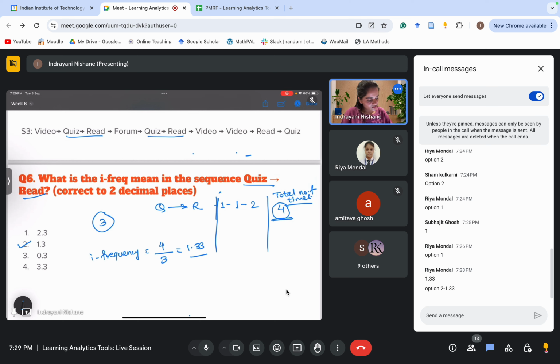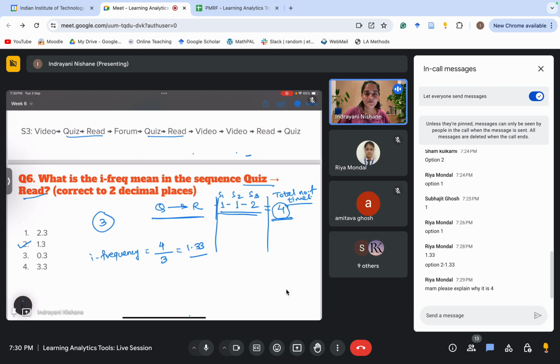Okay, so let me write here S1, S2, S3, and this gives us a total of 4. So the frequency of this action sequence in the entire log data of all 3 students was 4, and we had to calculate the frequency of this sequence for our sample. Our sample had 3 students. For every student it has occurred once or more, so we are considering 3 students, and 4 is the frequency.